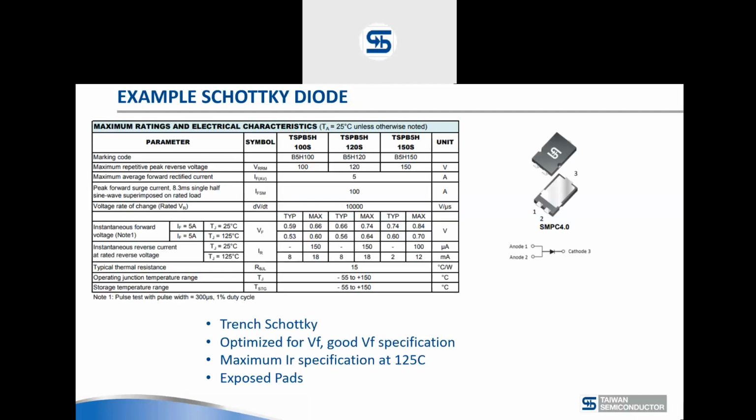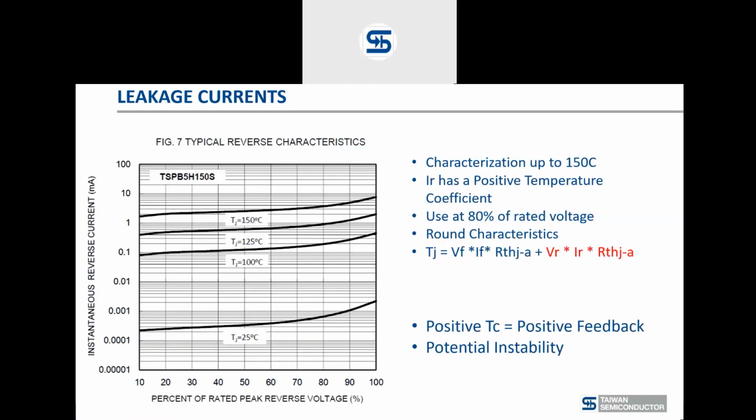So this is the diode we're going to look at in more detail. It's a trench Schottky optimized for VF, and it has good VF. It has maximum IR data, leakage current data, at 125 degrees C. And the exposed pad can actually help the Schottky diodes, because if you dissipate a lot of heat, then exposed pads can be beneficial.